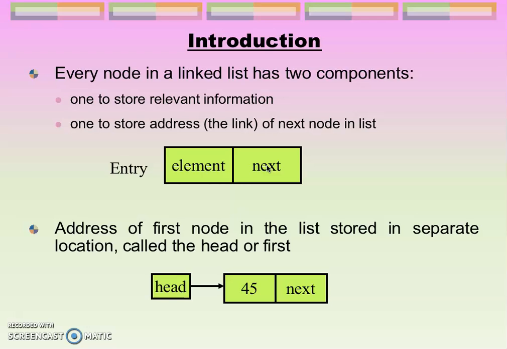So we need to keep the address of the next node itself. The address of the first node in the list is stored in a separate location called the head or first. So normally we keep the address of the first node tu dekat head ataupun first lah.